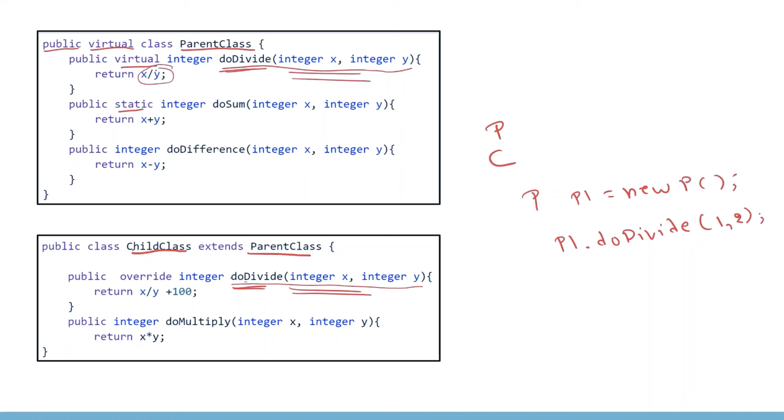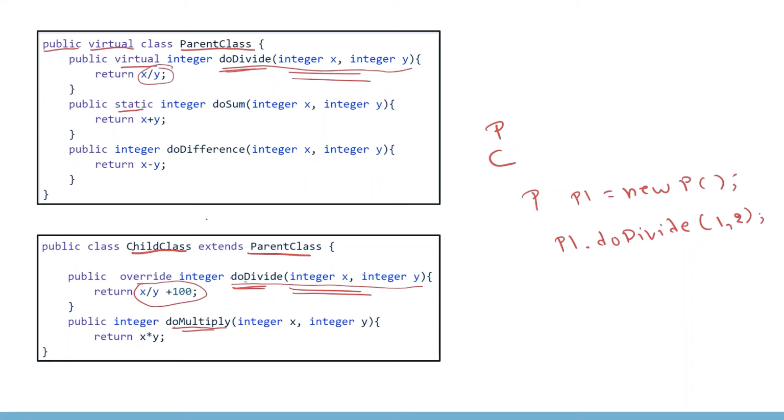As you can see, it's x divided by y, or it is x divided by y plus 100. If we are not using override, we will not be able to save this particular class, because the name is the same, and if the override keyword is not there, it will throw an error. If you want to do multiplication, you can simply write p1 dot do multiply, because there is no need for override and virtual there.